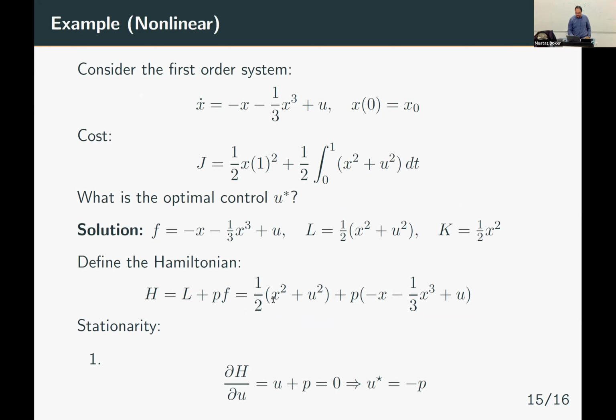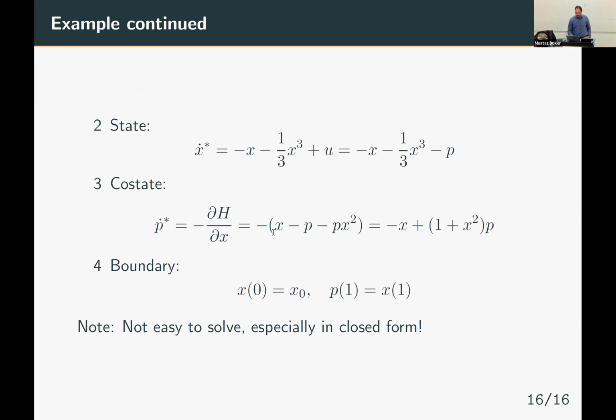You end up with minus x from here, plus p from here, plus x squared from this one, so you get minus x plus p x squared. Take minus as a common factor, and everything should be in terms of p star on the right-hand side. So you have p dot star equal to minus x minus p star x squared.